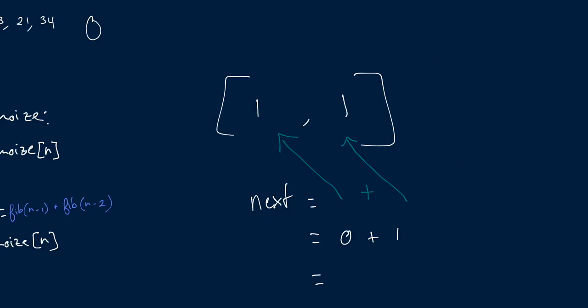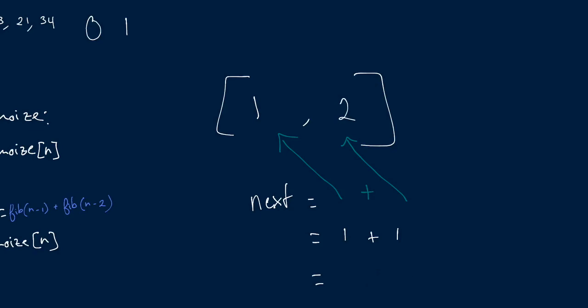And so now we can calculate the next Fibonacci number. The next one is going to be equal to 1 plus 1, which is going to be equal to 2. And so here we take this number and we get rid of it. We move this number to the left and we grab our 2 and we move it in the array.